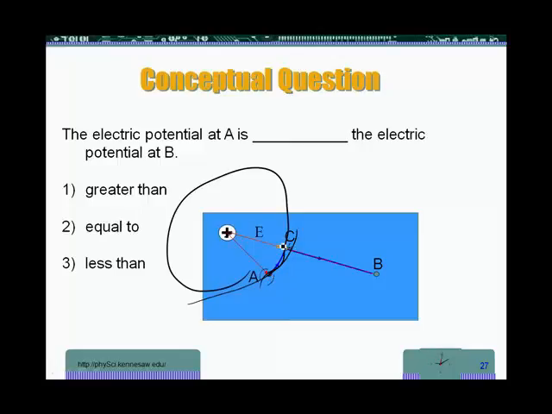So from A to C we don't have any change in electrical potential, but from C to B we are going downhill, so our electrical potential is decreasing. Meaning at C we have the same electrical potential as A, and at C I have a higher electrical potential than B, so the answer is greater than.